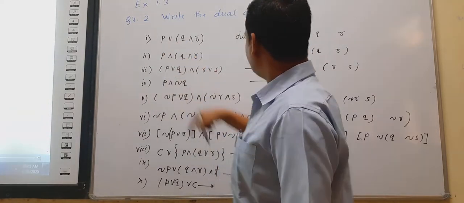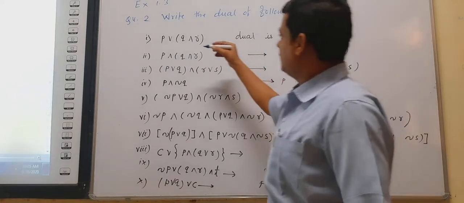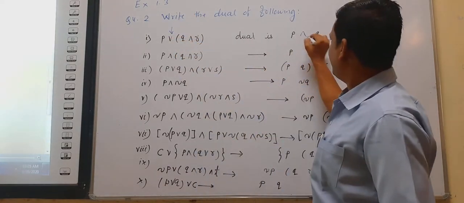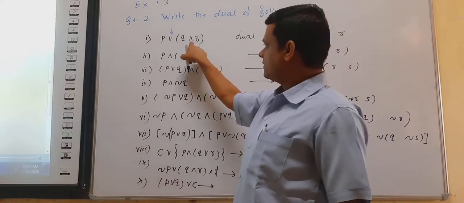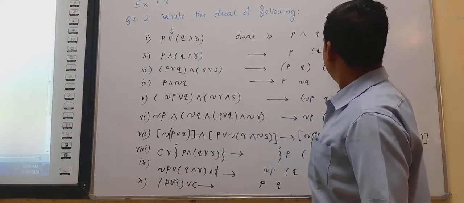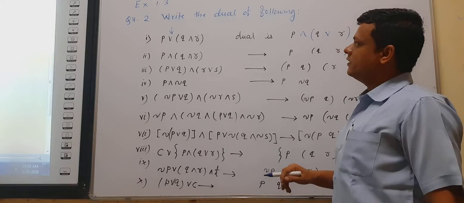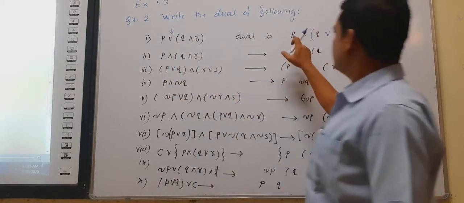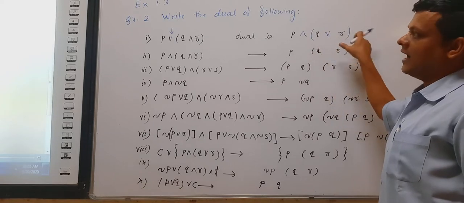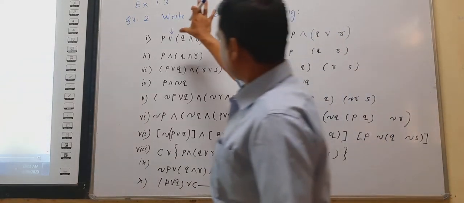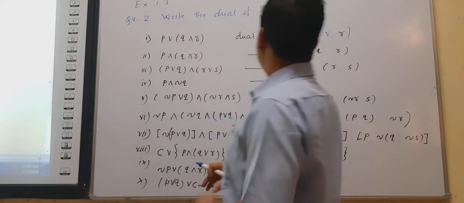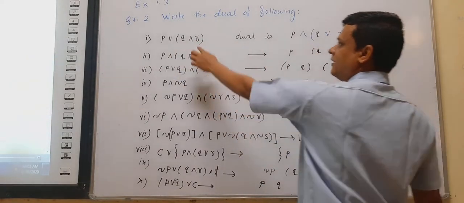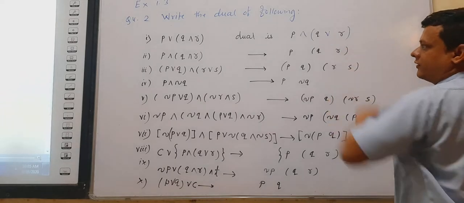Here is or, so in making the dual we replace it by and, and here is and, we replace it by or. Therefore, the dual of P or Q and R is P and Q or R. Observe the changes. We replace or by and, and and by or.